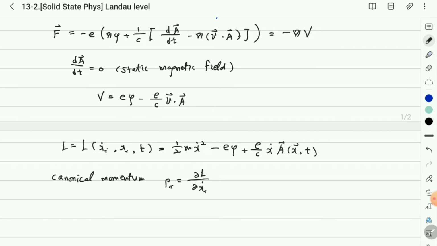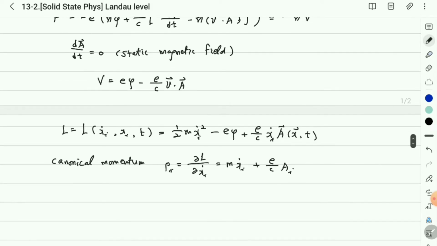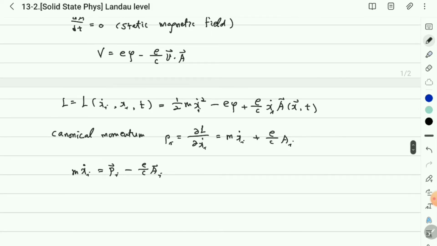Here, xi means the vector component. Then it is m xi dot plus e over c A_i, where A_i is the vector component. Therefore, mv equals the momentum minus e over c A_i. Here, when you make the vector representation, the index can be omitted.